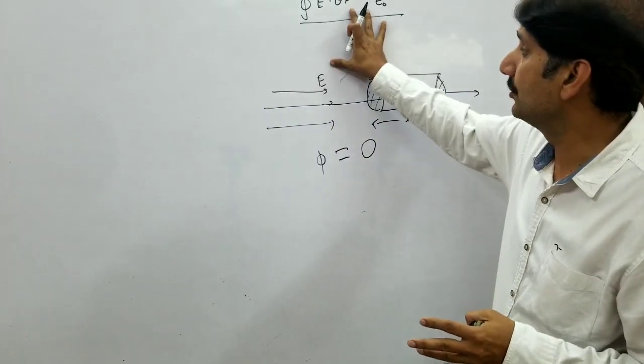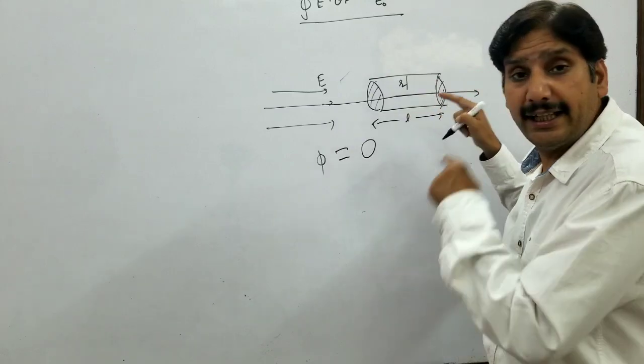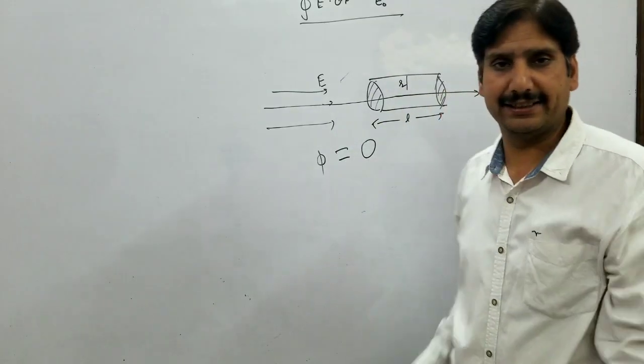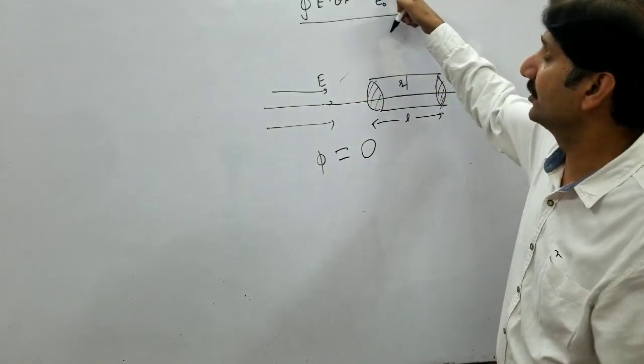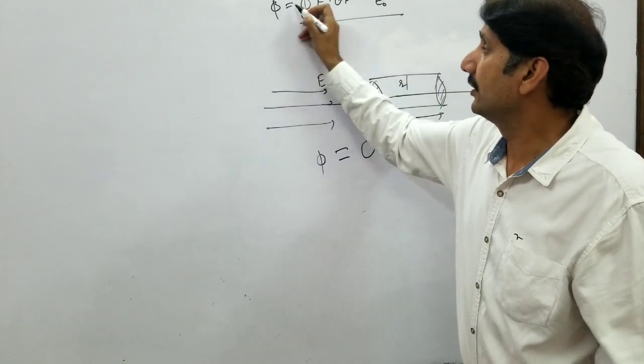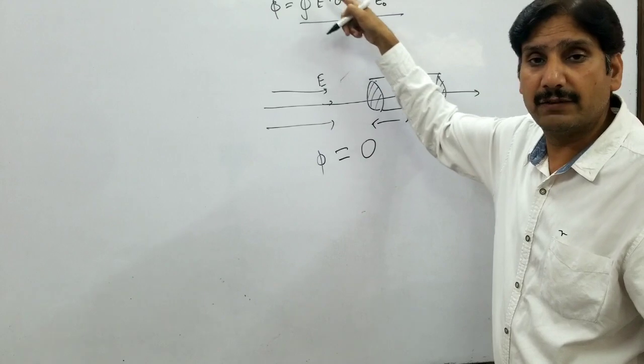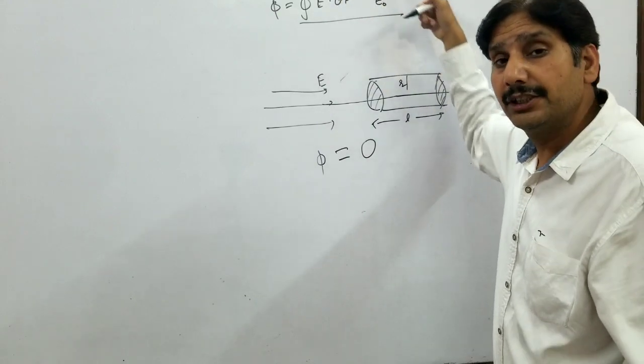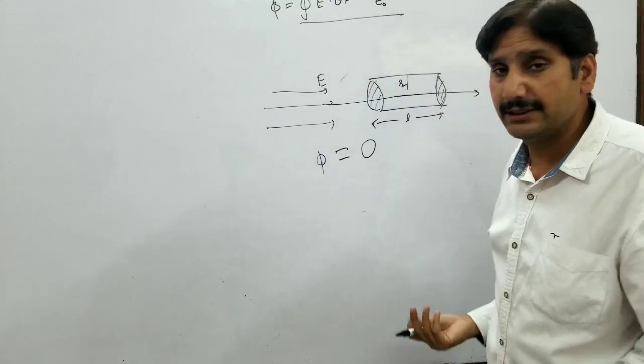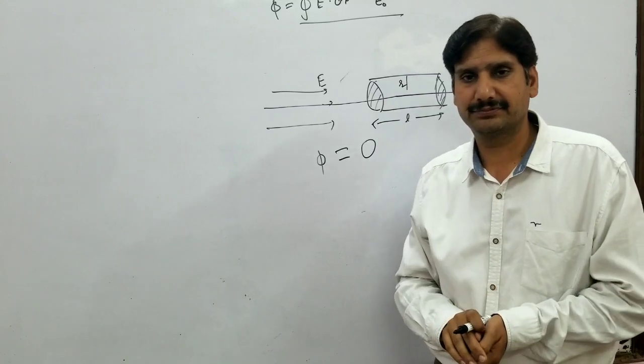And as per Gauss's theorem, there is no charge enclosed within that cylinder. So you can put Q equal to 0 over here. The total flux, which is the integral of E dot dS over a closed surface, equals Q by epsilon naught, but Q is 0, so the total flux is 0.